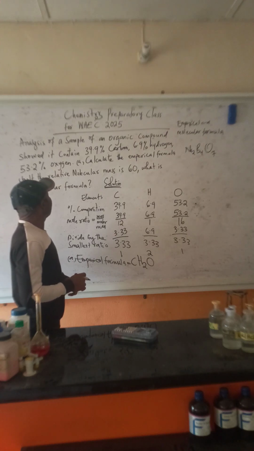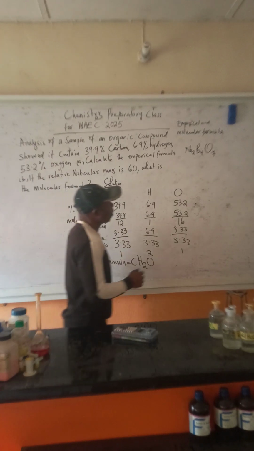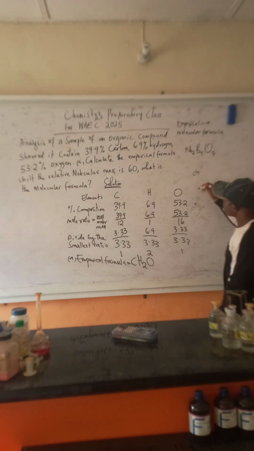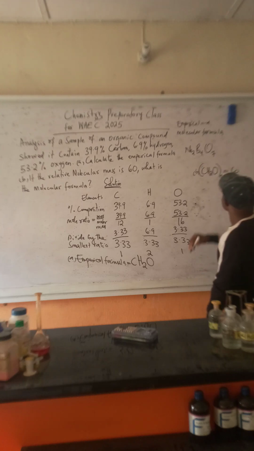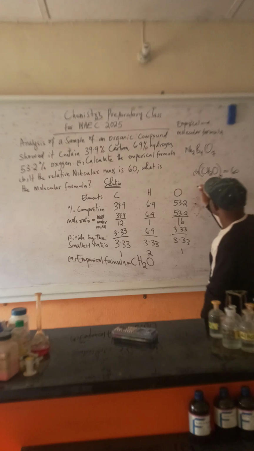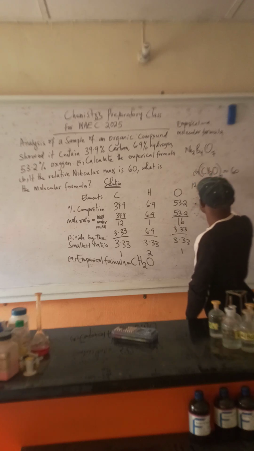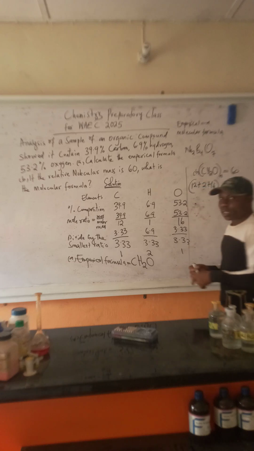Then question B says, if the relative molecular mass is 60, what is the molecular formula? Now we have that (CH2O)n equals 60. It means that the relative atomic mass of carbon, which is 12, plus hydrogen, which is 1 times 2, gives 2, plus 16 for oxygen, all multiplied by n, equals 60.